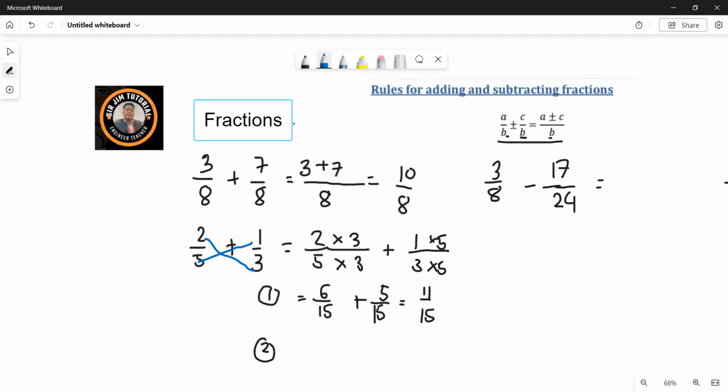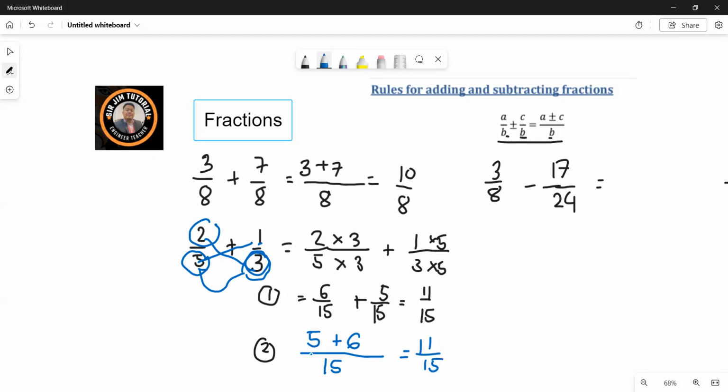For example, 5 and 1, you have 5 times 1, which is 5, plus 3 times 2 is 6, and then 5 times 3 is 15. So you have 11 over 15.